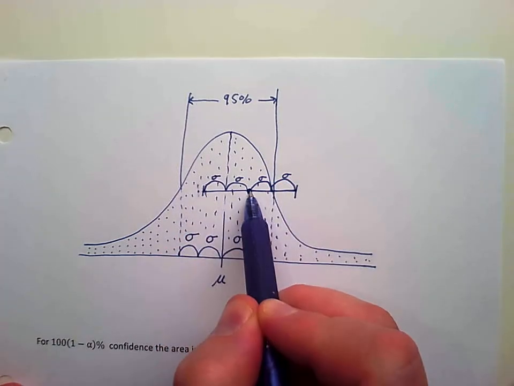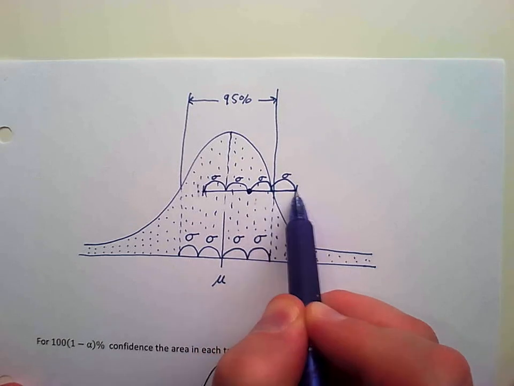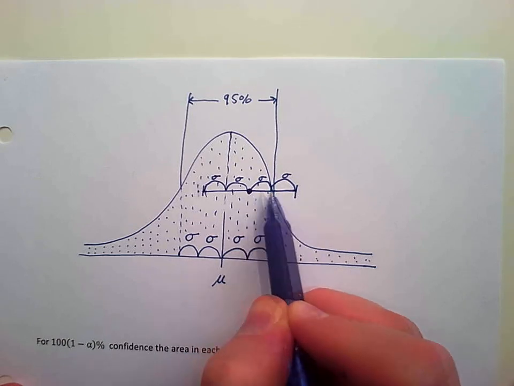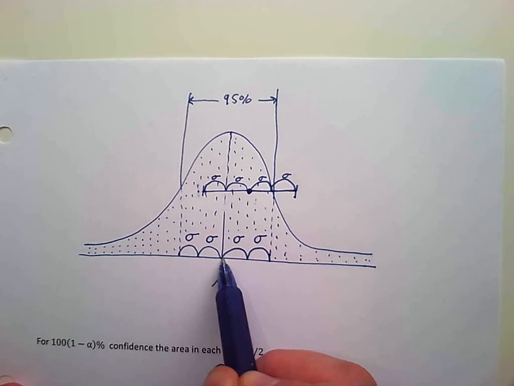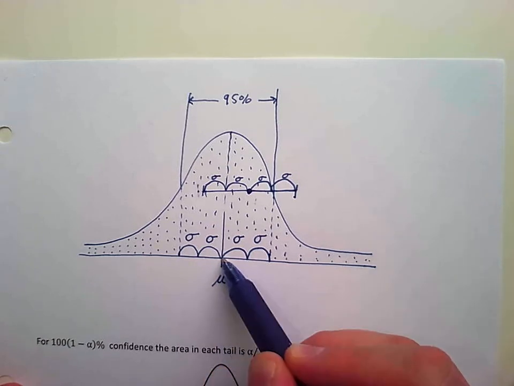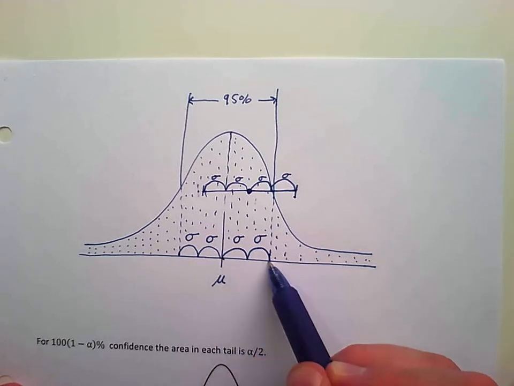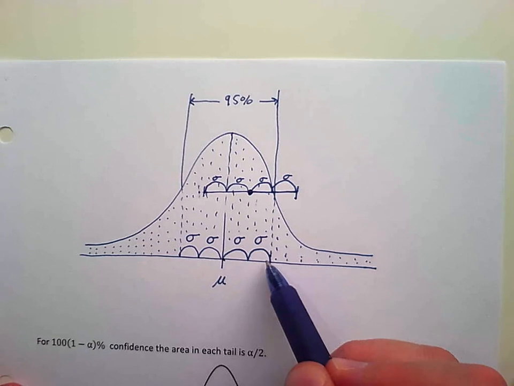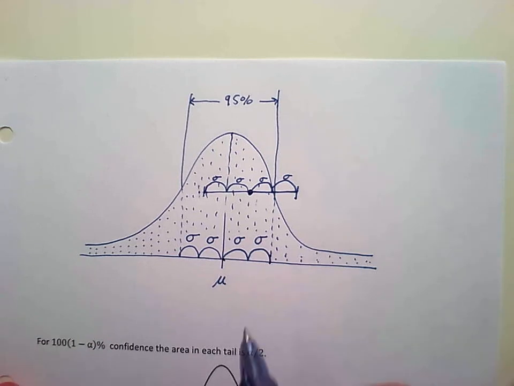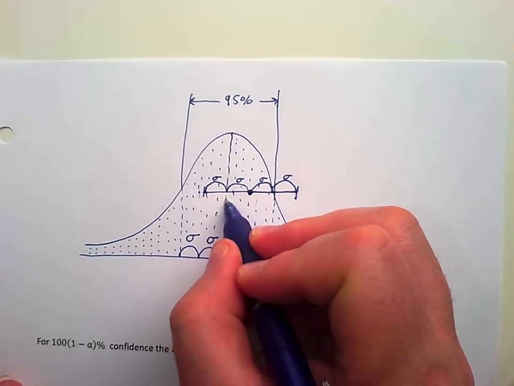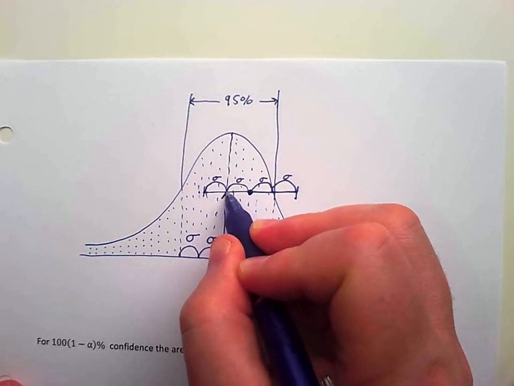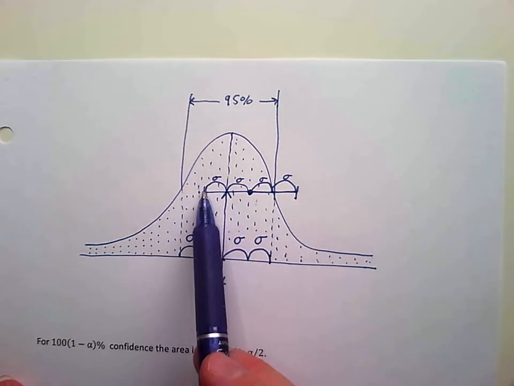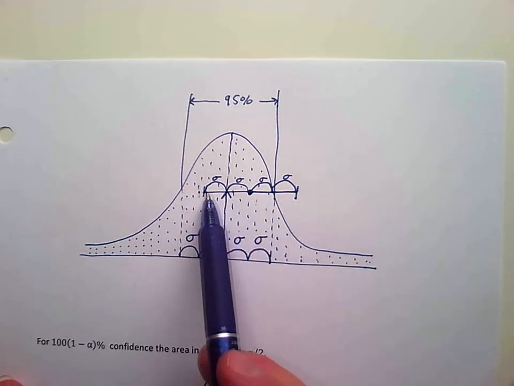So that this distance right here, from this dot that I chose to the end of an interval, is the same distance as mu is from here to where this 95% cutoff is. Then does everybody agree then that the value of mu should be somewhere inside of this interval?